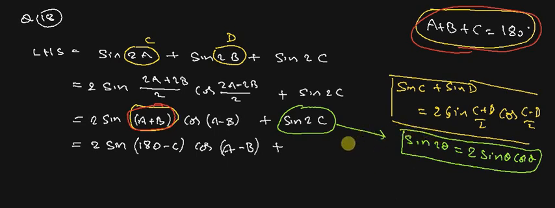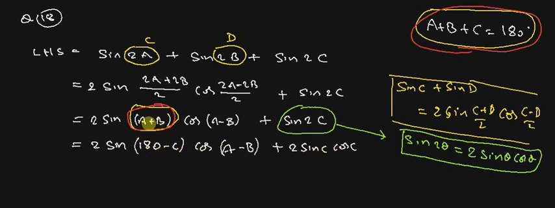Here the main difference is, instead of theta you have to use the angle c in this result. So this becomes 2 sine c cos c. Instead of theta I just used c. Did you understand this entire step?